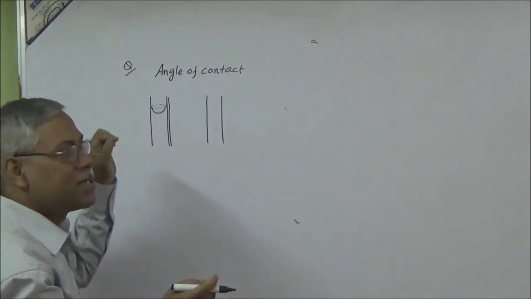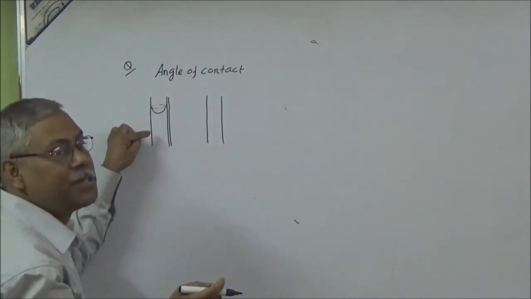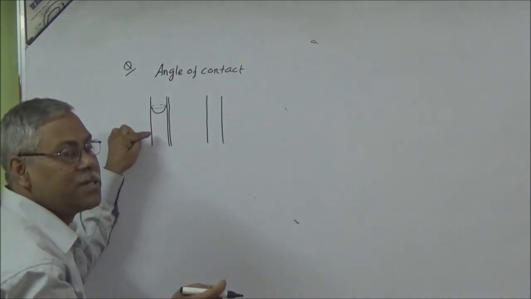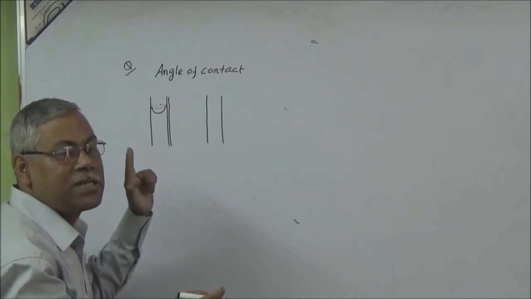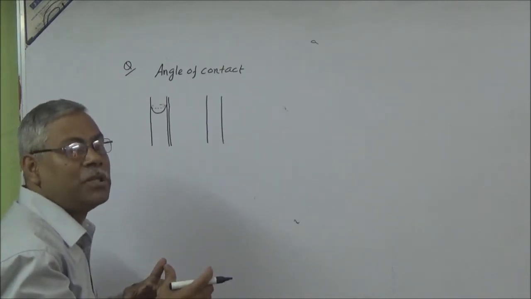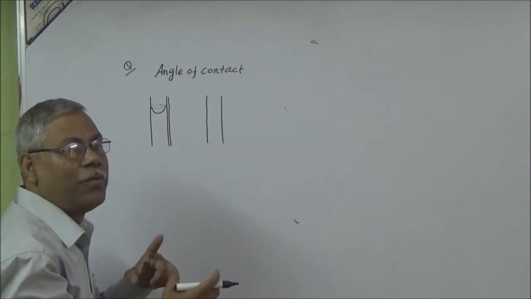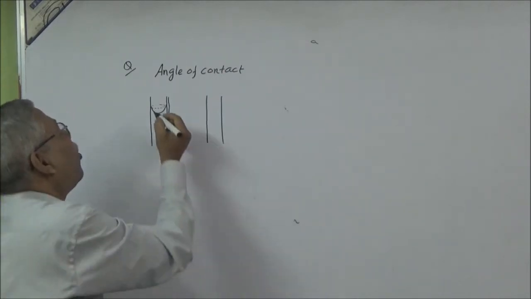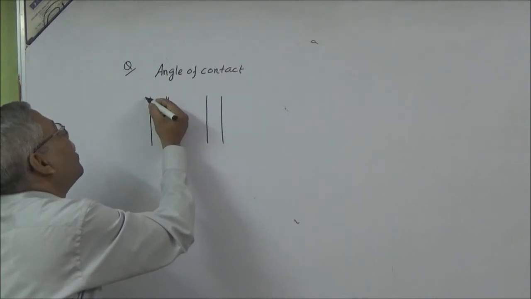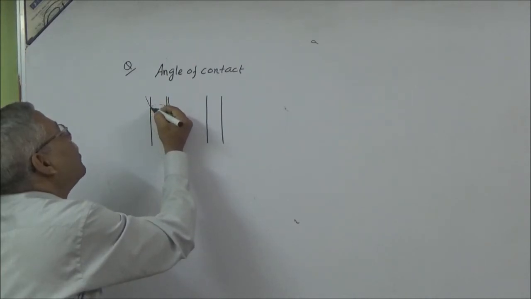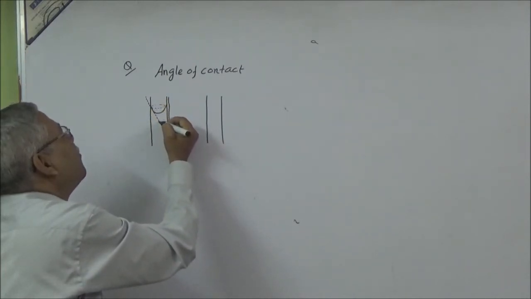Draw a tangent to the meniscus at the point where it touches the pipe, or where it touches the solid.